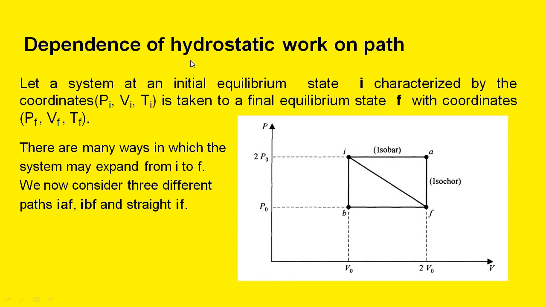Dependence of hydrostatic work on path. Let a system at an initial equilibrium state I, here it is I, characterized by the coordinates Pi, Vi, Ti, initial pressure Pi, initial volume Vi, initial temperature Ti, be taken to a final equilibrium state F, this is F, with the coordinates Pf, Vf, Tf: Pf final pressure, Vf final volume, and Tf final temperature.